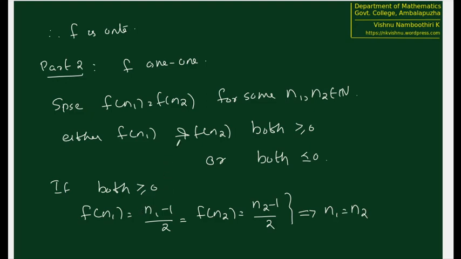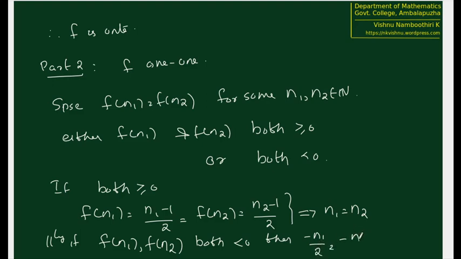Similarly, if we have f of n1 and f of n2 both less than 0, then f of n1 equals minus n1 by 2, which equals f of n2 equals minus n2 by 2, together again implying that n1 equals n2.